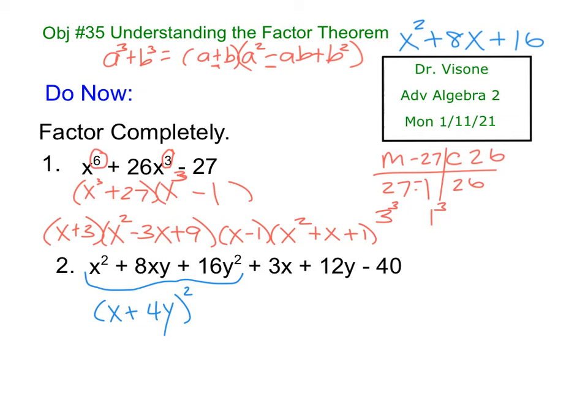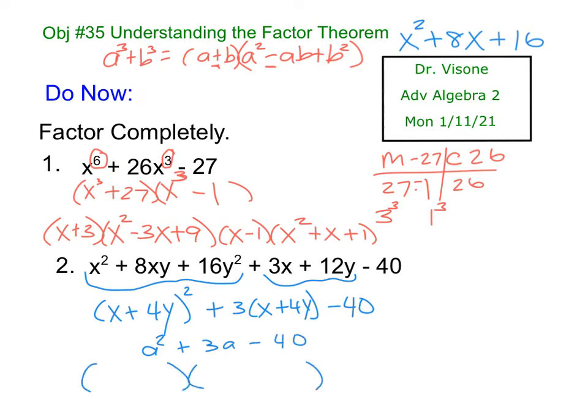So now I'm going to look at the rest of this. The next two do factor. I can factor out a 3, and I'm left with x plus 4y, and then minus 40. So this is in the form of a multiply combine again, right? Think of this as a squared plus 3a minus 40.